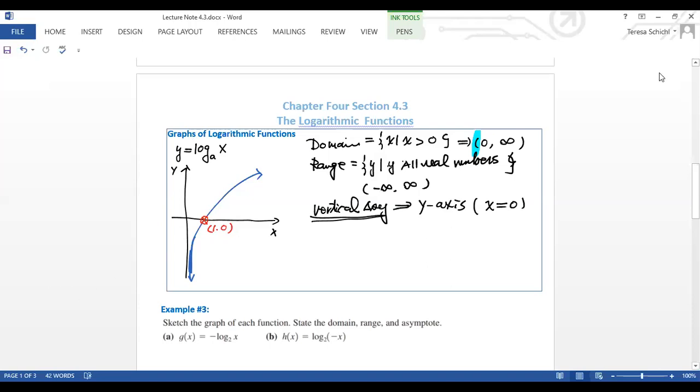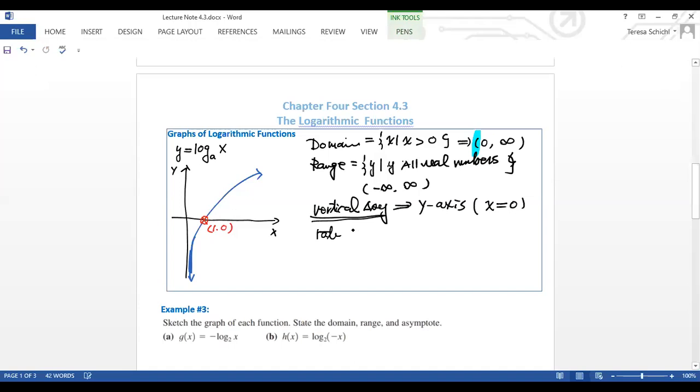And also, I don't know if you remember, in the exponential functions we talked about the rate of change. If you don't remember, you might want to go review.